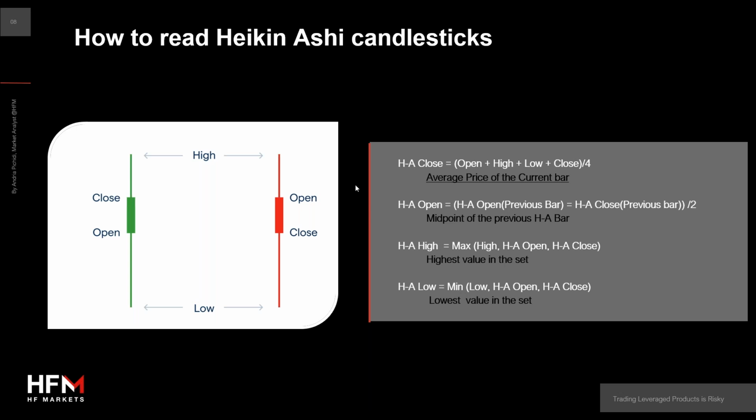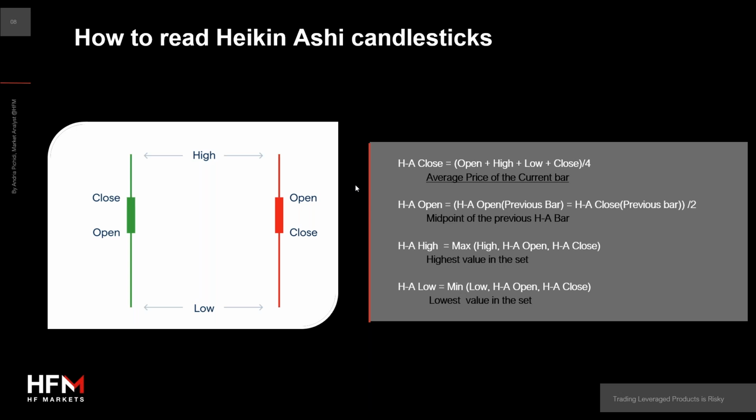Let's focus a bit on how to interpret it. We have already gone through the meaning of the high, the low, the open and the close, but let me very quickly go through them again. The Heikin Ashi close is calculated by the average price of the current bar's open, high, low, and close.